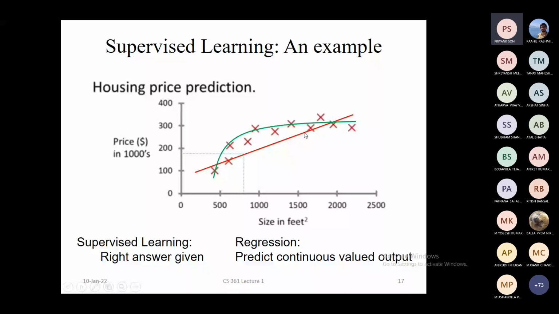Now, if you know the M and C, then for any point on the x-axis on this line, you can get a corresponding y. If it is the size of your house, you can get the corresponding y.